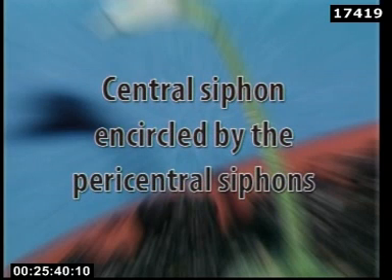Now the Tetrasporophyte. Tetrasporophyte of Polysiphonia is a free living individual. It consists of a central siphon encircled by the pericentral siphons. The thallus is laterally branched and the branches arise from the apical region of the central filament.